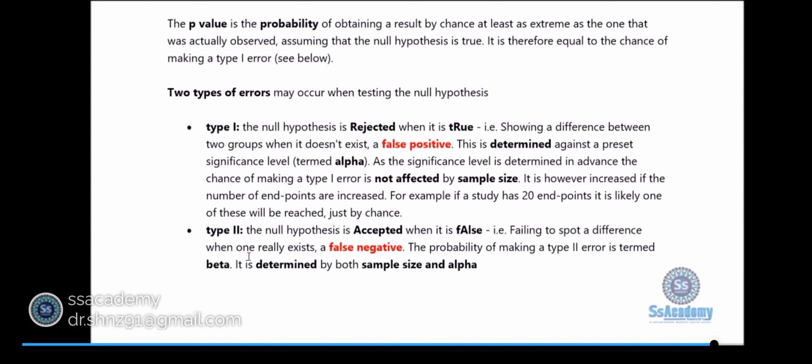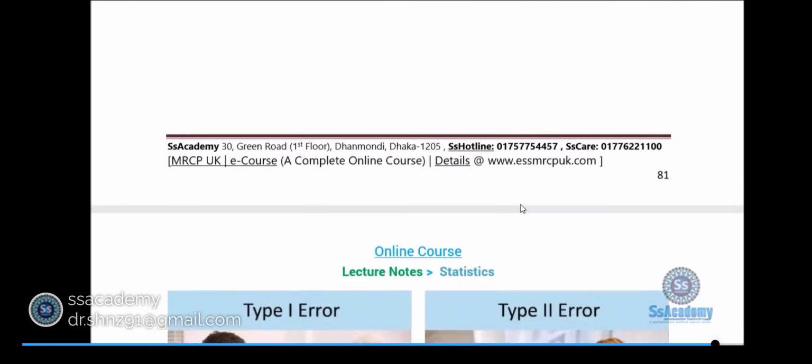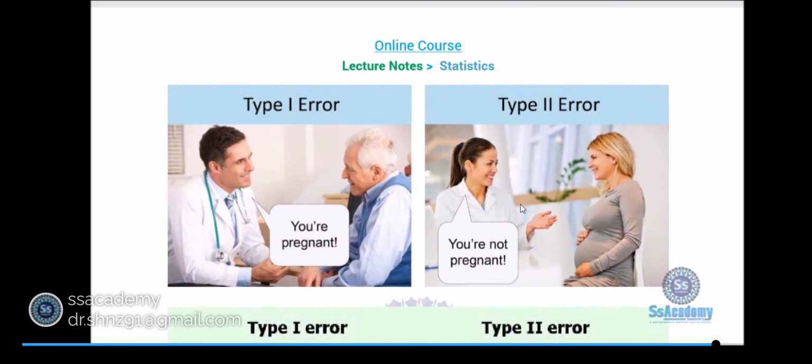Before coming to these errors, when testing the null hypothesis, I like to give a good example here: the type 1 error and the type 2 error.